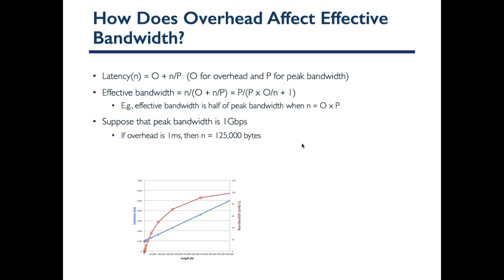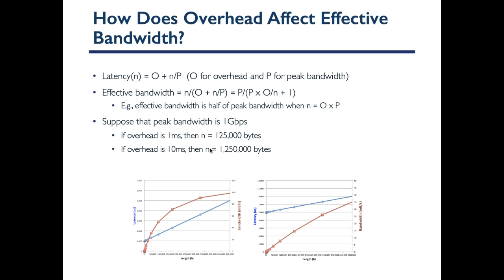Now, what does that really mean? Let's say that your peak bandwidth is 1 gigabit per second. If the overhead is 1 millisecond, then you need to send 125,000 bytes to just get to half of your peak bandwidth. And if you want to utilize more, then you have to send more.